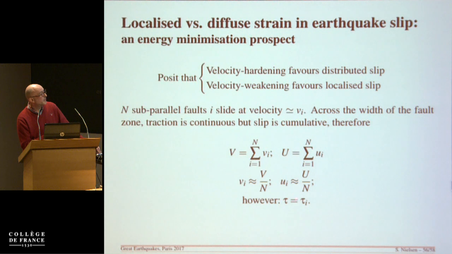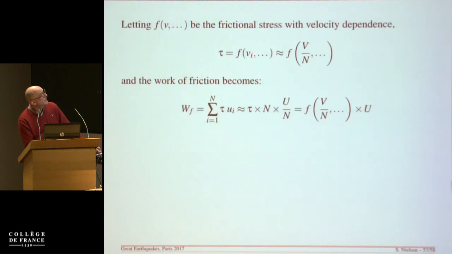However, the average stress would be the same for all the faults, again, for stress continuity. Then if you plug these values into a friction law, which has a velocity dependence, of course, the velocity will drop inversely proportional to n, and the total work will be the total slip times this friction value.